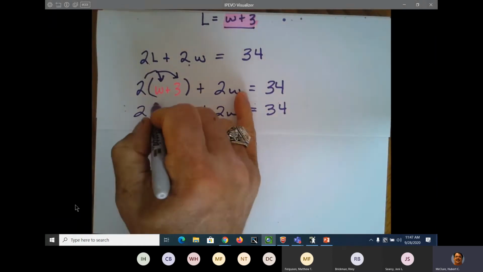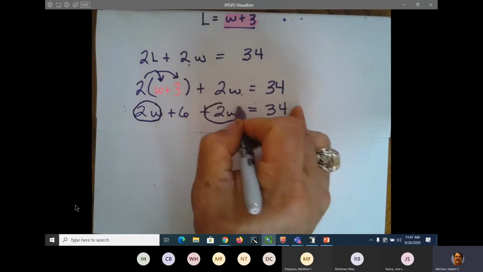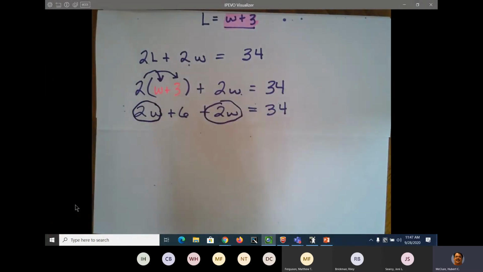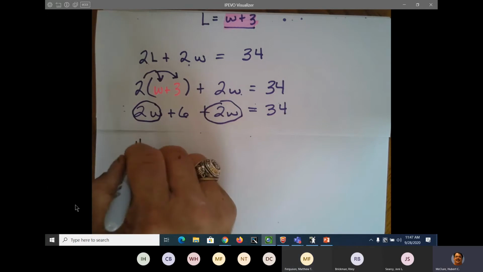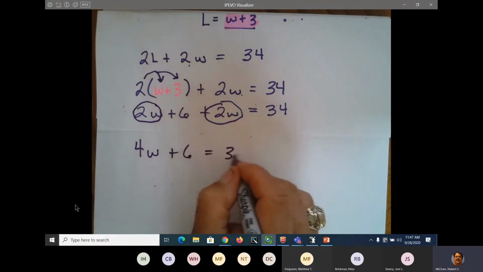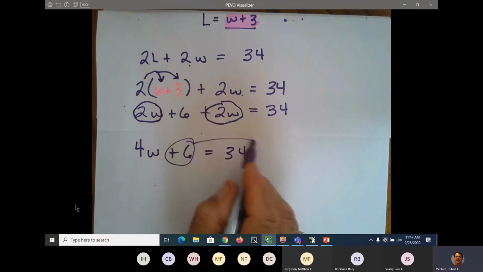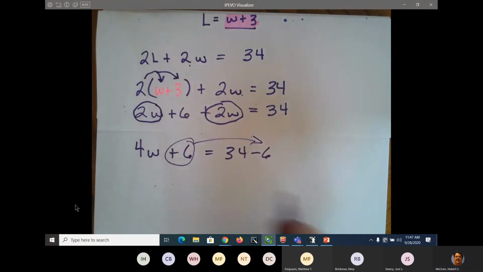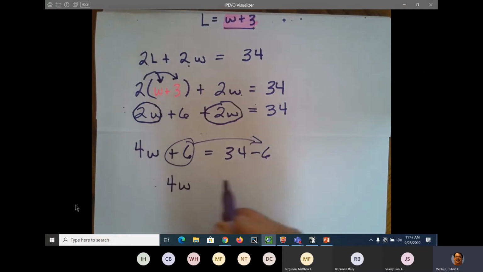What's 2W plus 2W? 4W. Plus 6 is equal to 34. Take the 6 across the river. 4W is equal to 28. So the width is 7 feet.